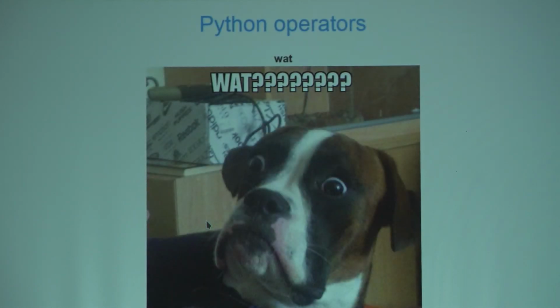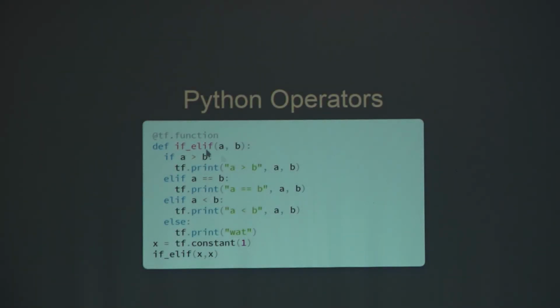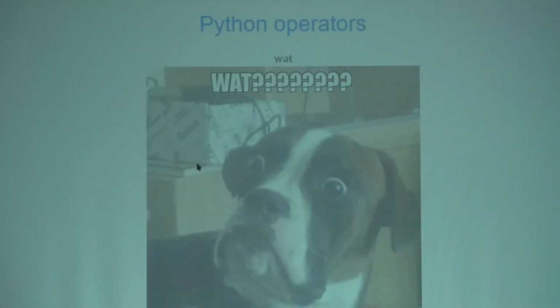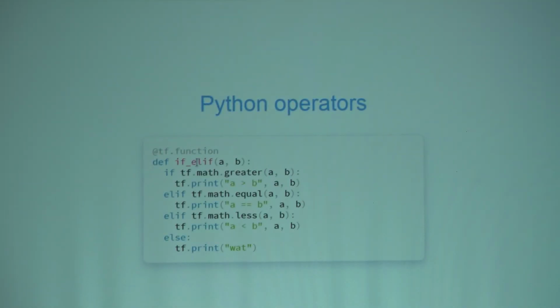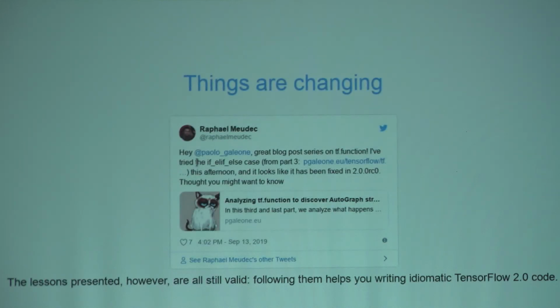So you can write code in this way, and AutoGraph works as we expect. But of course, the lesson still applies, because we want to write correct code that can be graph converted, and therefore using the TensorFlow operators is the correct way to go.